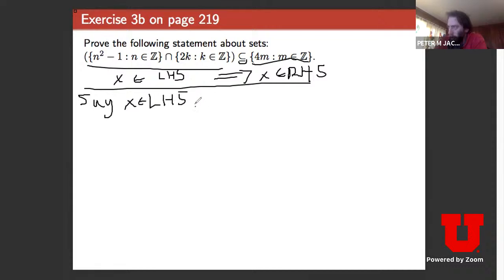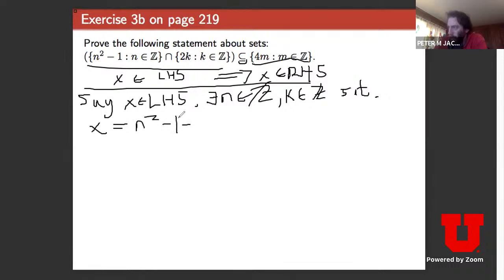Okay, so first let's just write out what that means. That's the first step. So what does this mean? It means there exists an integer n in Z, and there exists an integer k in Z, such that x is equal to n squared minus 1, which is also equal to 2 times k.